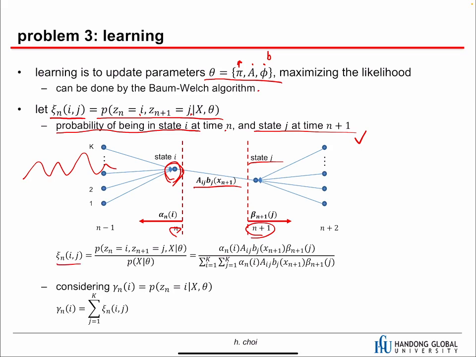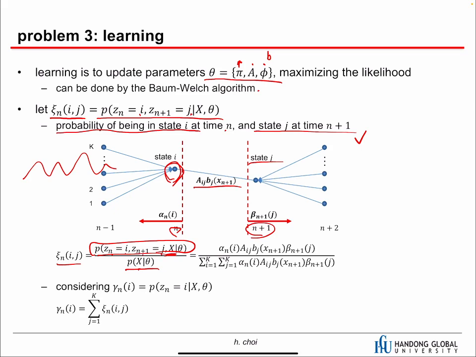And between these two, we have a transition probability and emission probability. So again, if we write this equation again, and we apply the Bayes rule, so x is here, and then we divide this by this one, okay? And then if we look at this one, at time n we are at i, and at n plus 1, we are at j.